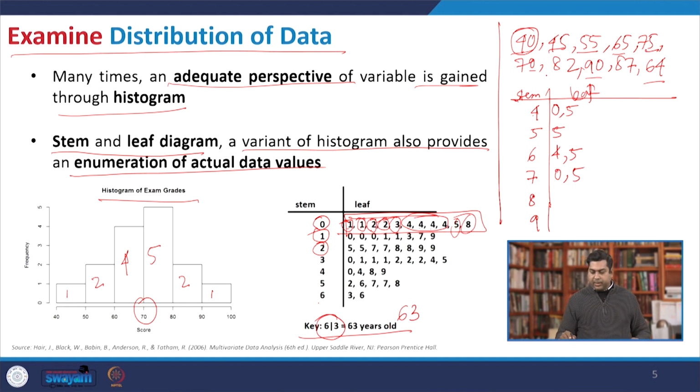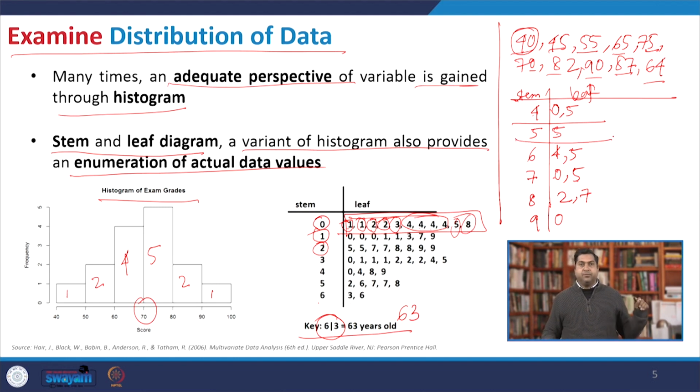Now, in the 80s we have 82 and in the 90s we have this value. So, 1, 2, 3, 4, 5, 6, 7, 8, 9. We are missing another value, that is 87, so this is the 7. In that case you can have a frequency: in the 40s there are two students scoring 40 and 45.